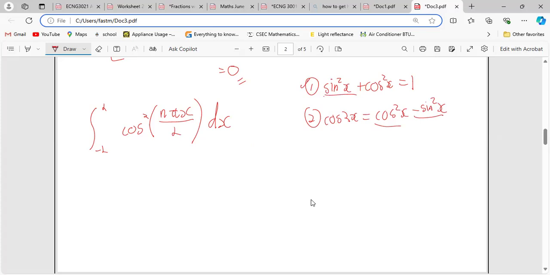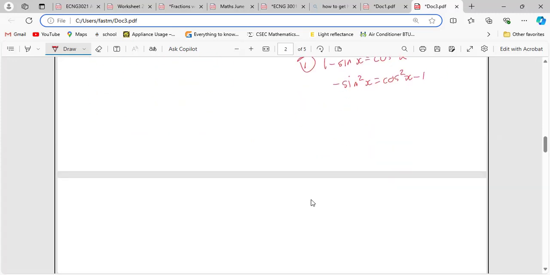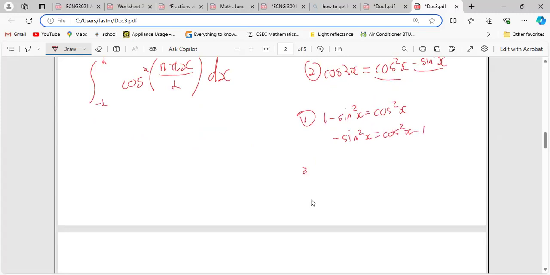So what I mean by that is, let's say 1 minus sine squared x. When you flip that minus, then you get 1 minus sine squared x is equal to cos squared x. And if you flip the 1 across, you end up with cos squared x minus 1, so that is minus sine squared. Then you plug it back into cos 2x.